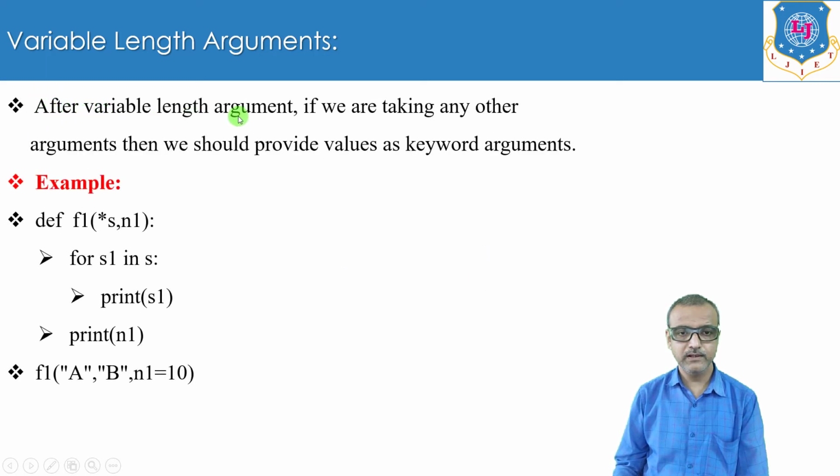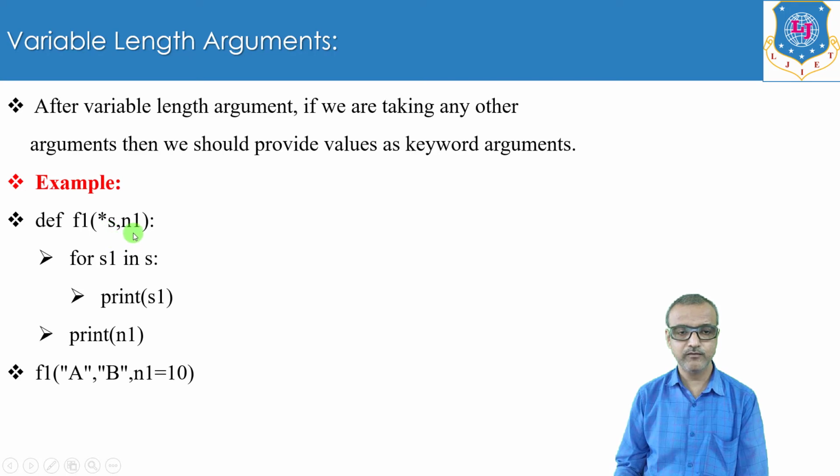After a variable length argument, if we are taking any other arguments, then we should provide values as keyword arguments. For example, def f1, the function name is f1. Here *s is the variable length argument.